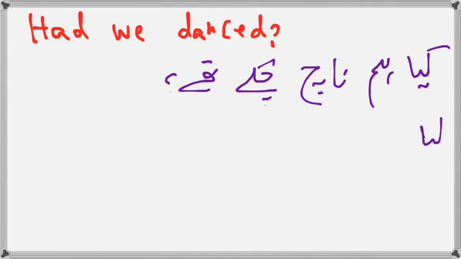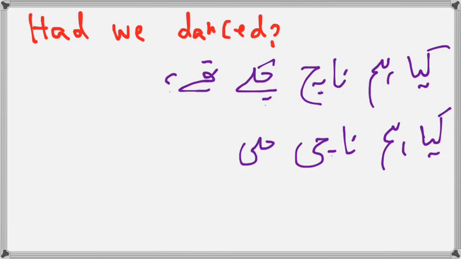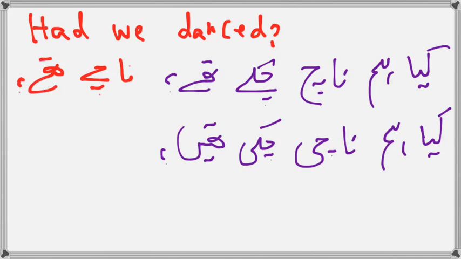For female, क्या हम नाची थी, और नाच चुकी थी. And we can also ask in this way क्या हम नाचे थे for male, and क्या हम नाची थी for female.